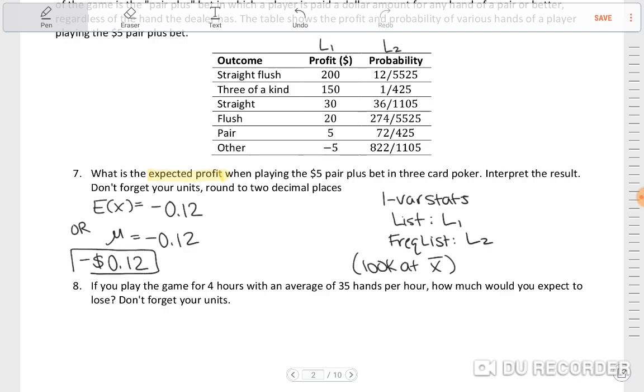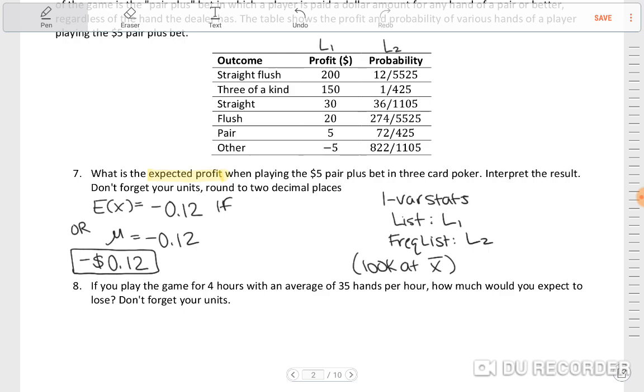expected value. And this means that in the long run, so if this game is played many, many times, the player would expect to lose 12 cents per game.